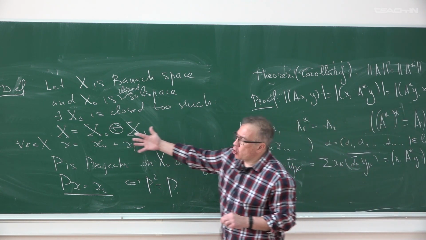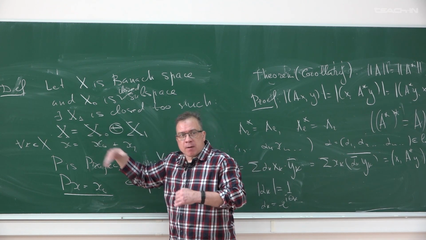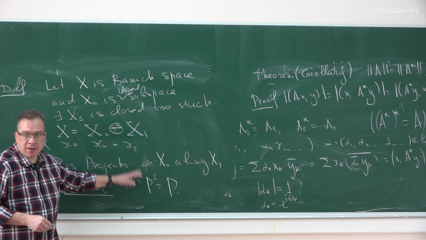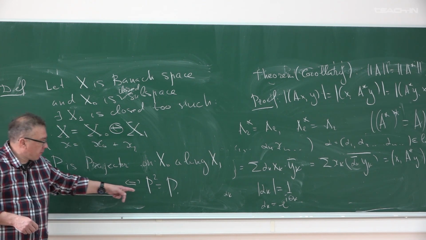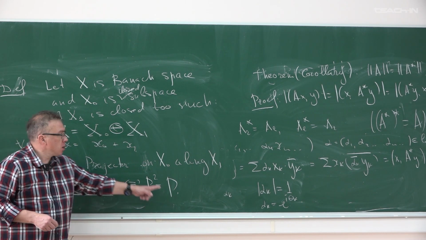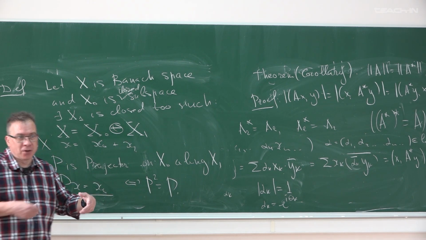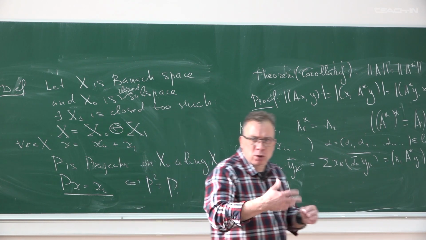The geometric definition I gave with the help of subspaces, and this is the algebraic definition. They are equivalent. You can define the image of P as X0 and the kernel of P as X1, and then you show that you obtain the whole space.